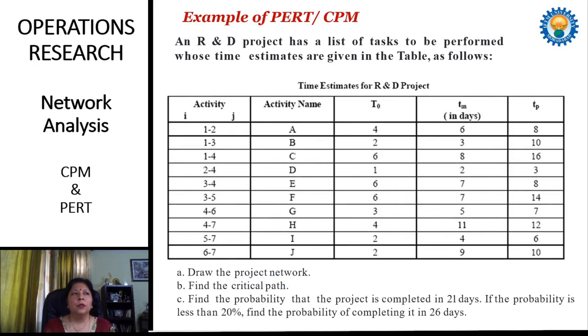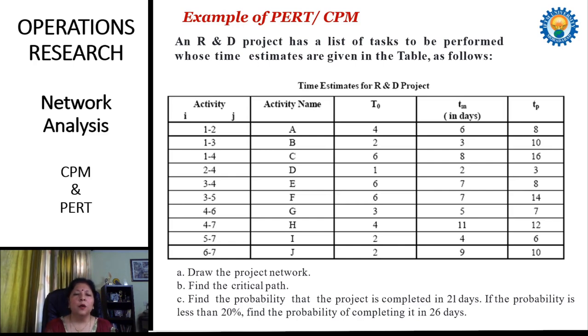An example on this: an R&D project has a list of tasks to be performed whose time estimates are given in the table. In this table, activities are given in terms of events. The names of the activities are mentioned, and the timings for completing these activities are given in 3 time estimates: the first is optimistic time, the second is most likely time, and the third is pessimistic time.